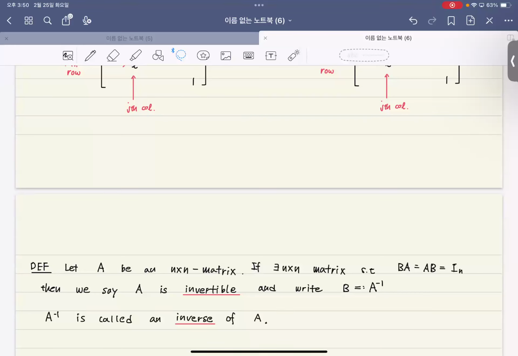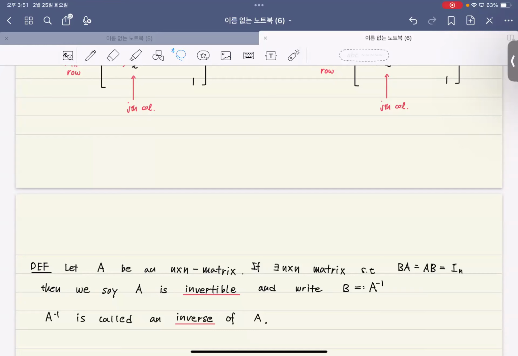Suppose that I have an n by n matrix, and if I can find another matrix B such that B times A equals A times B equals the identity matrix, then we say A is an invertible matrix, and we write A superscript -1 for B. This notion is the inverse of A, usually called the inverse matrix of A.